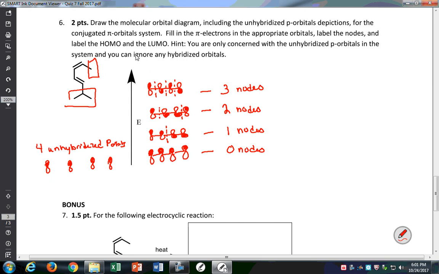So let's say we had 6, let's say it looked like this. We have 6 unhybridized p orbitals, so we're going to have 6 molecular orbitals. And they're going to increase.